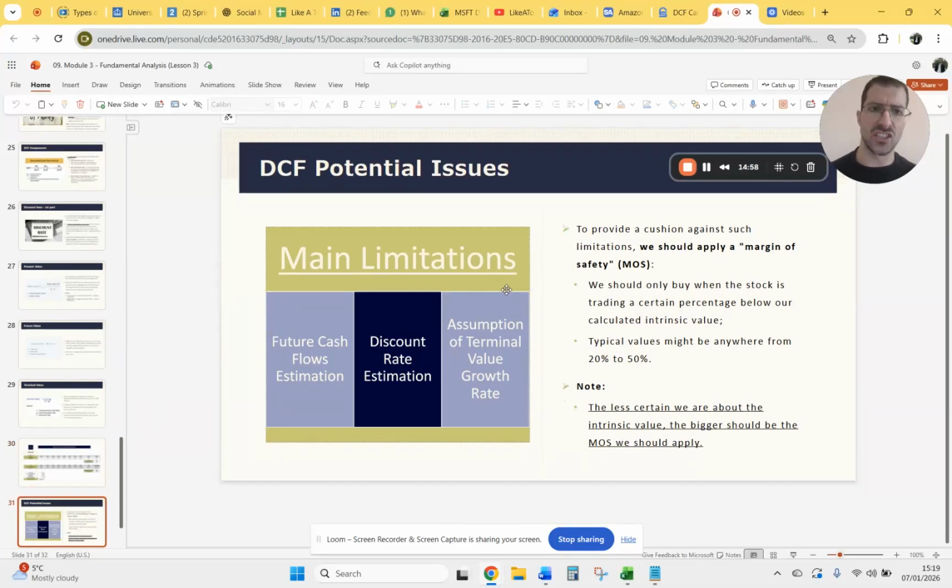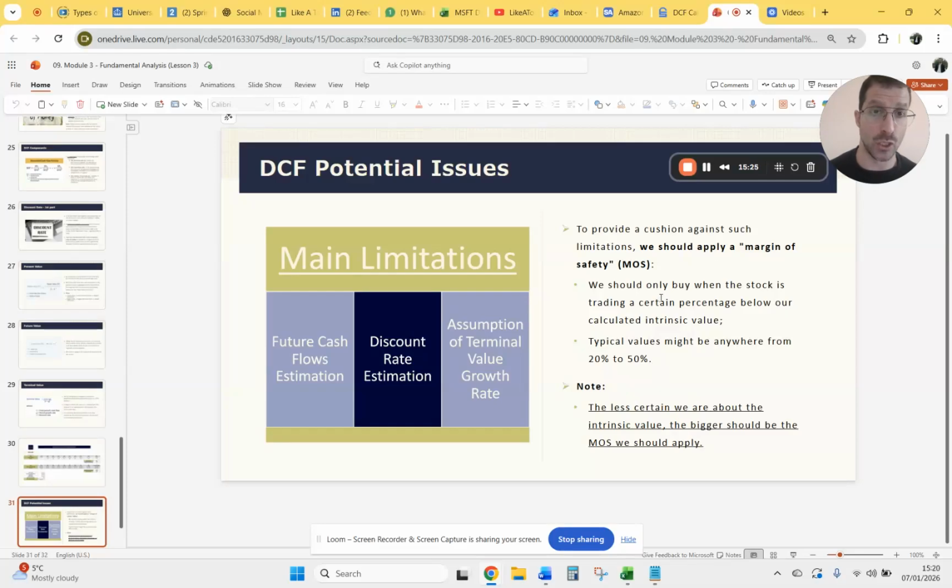We already discussed some of the issues. There are a lot of growth assumptions built into the model, which of course cause it to be not fully accurate. Which makes another case for the margin of safety, as I already told you, and this is what you can see right here.